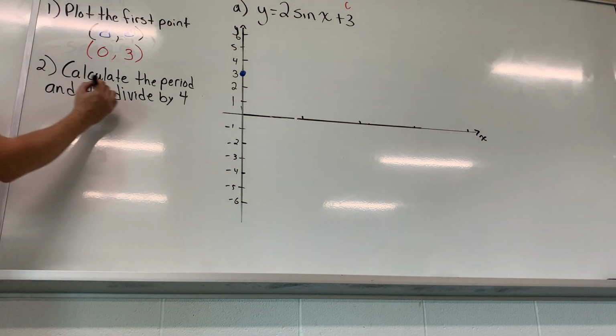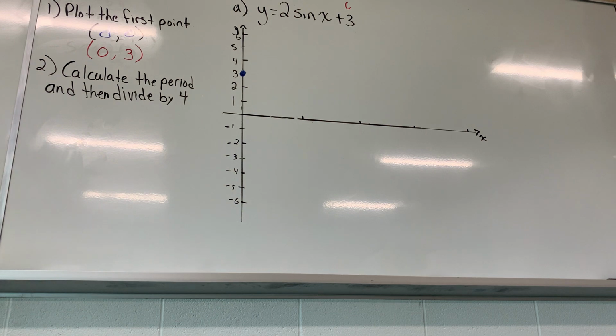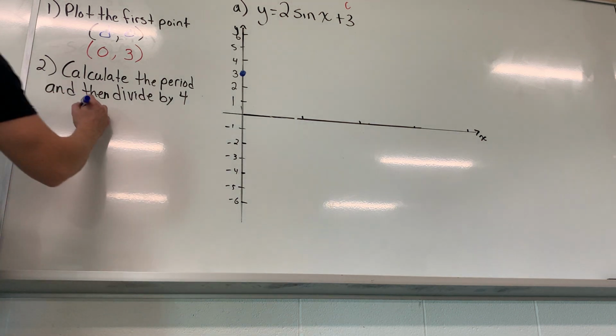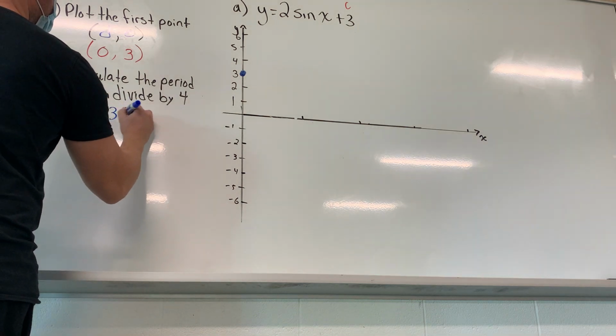And then, okay, how do we calculate the period? 360 divided by K, so it's 360 divided by K.